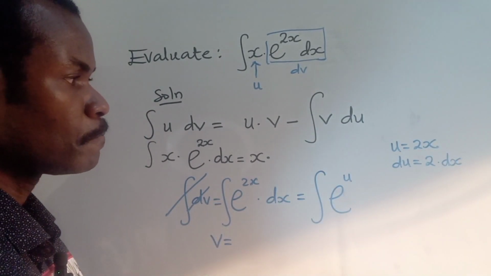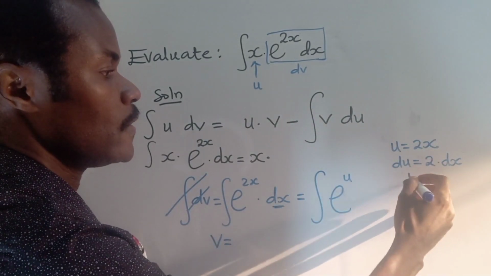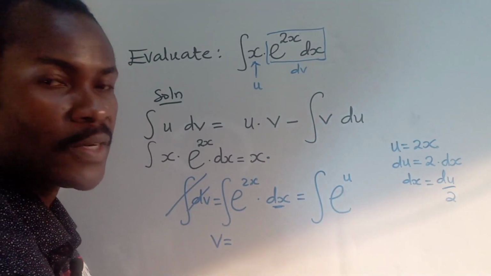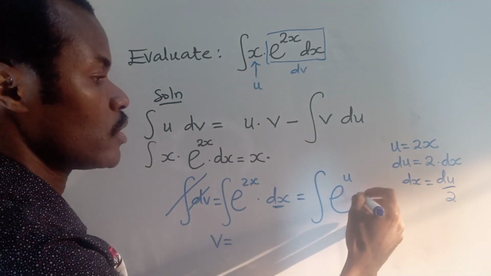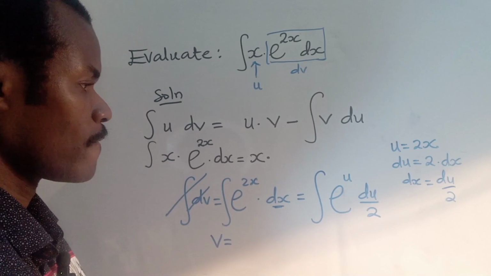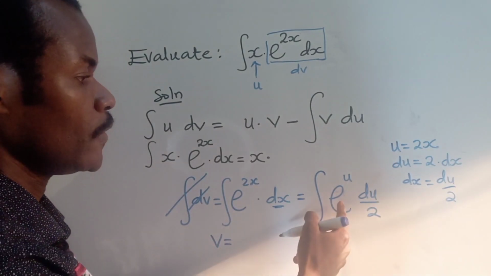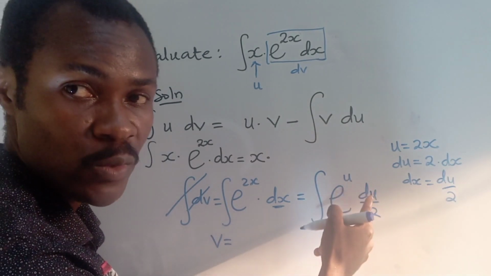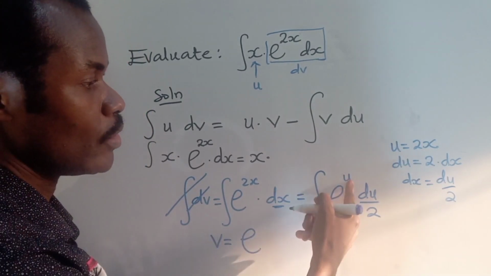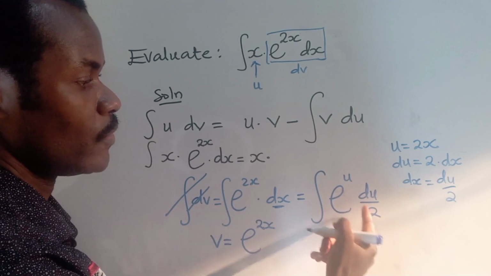So our dx here is going to be du over 2. So finally, our v is going to be, this is a standard integral, so it is still going to be e to the power of u, remember u is 2x, divided by 2.